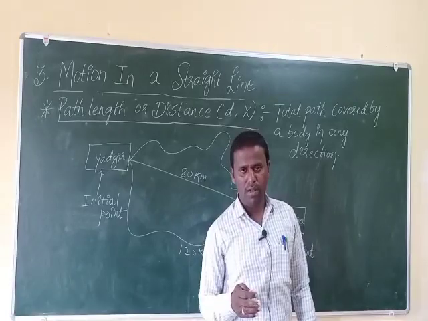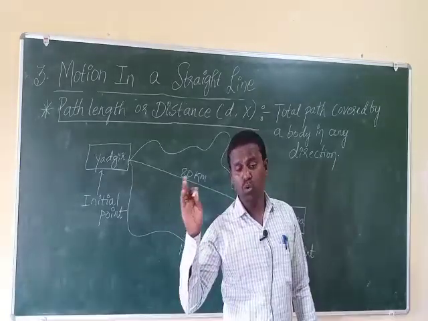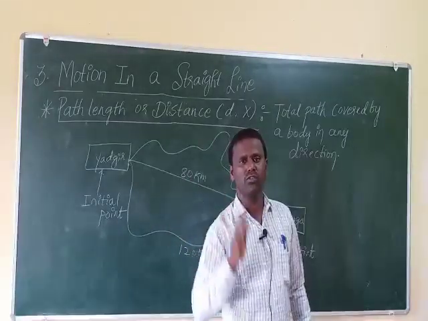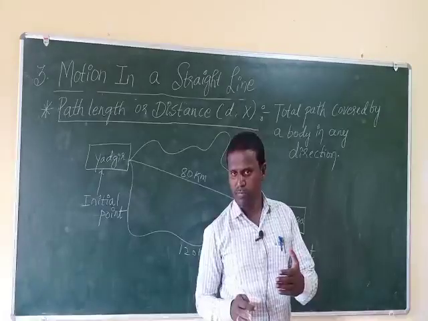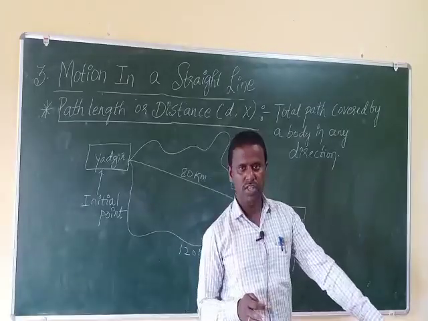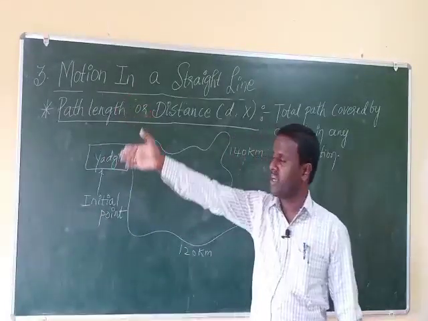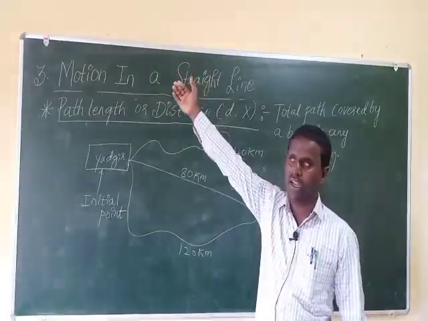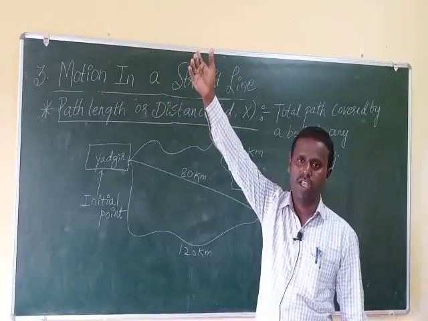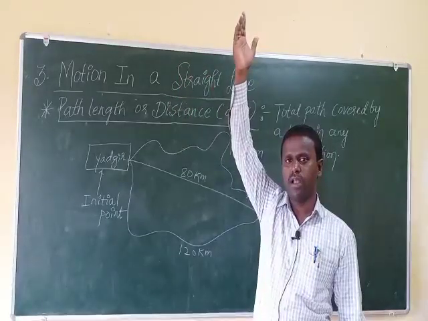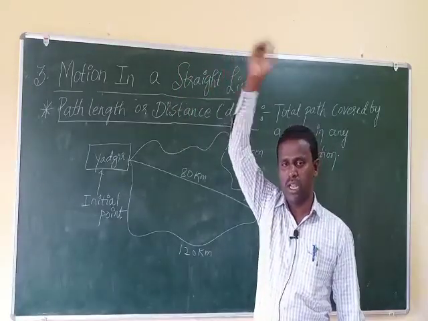See, now I am traveling in 2 to 3 directions to reach my house. From college I travel in a straight line direction up to that road. Then I take a U-turn and I travel up to that degree college.